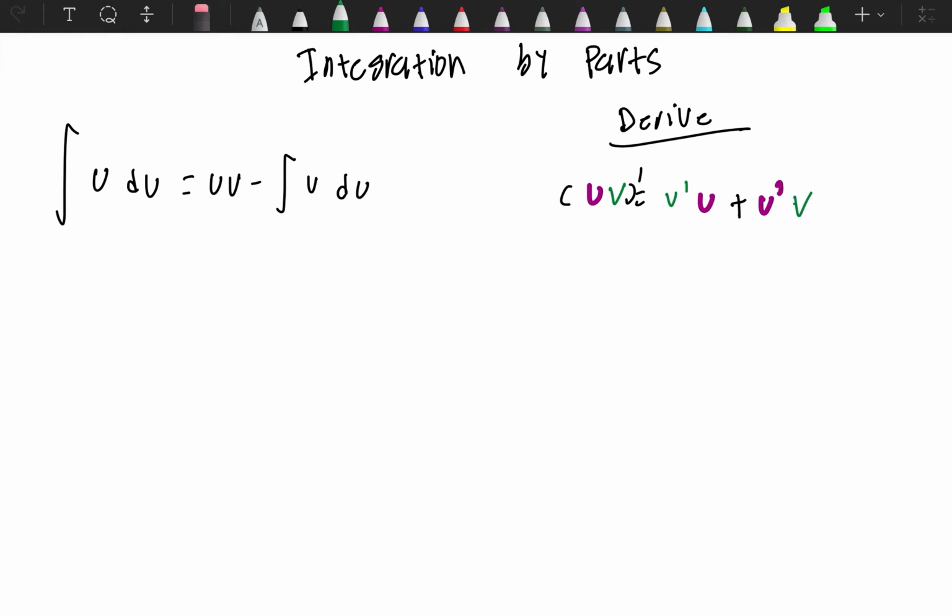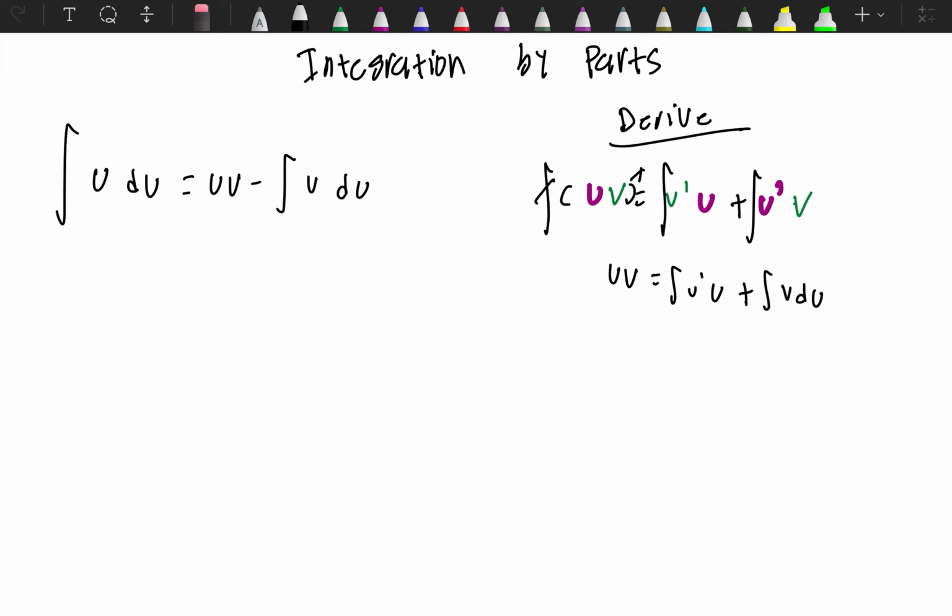Essentially, the reason why this works is because you have uv prime is equal to the product rule, right? So when you go to integrate both of these, this cancels out, and then you can just add the integration part. So you have uv is equal to the integration of v prime u, or u dv, plus v du.